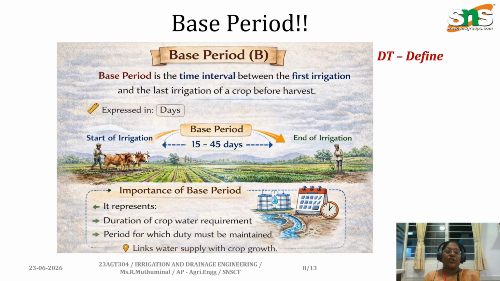Now let us move on to the base period. Base period is defined as the time interval between the first irrigation and last irrigation of a crop. In other words, it represents the total duration during which the irrigation water is supplied to the crop. Different crops have different base periods depending upon their growth duration and also the climatic condition.